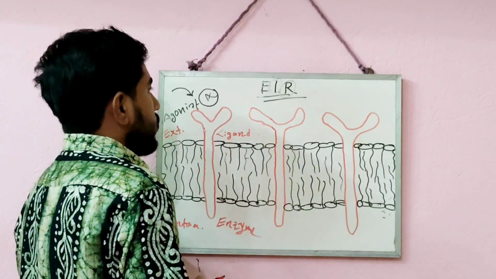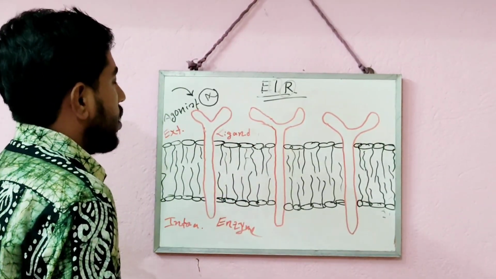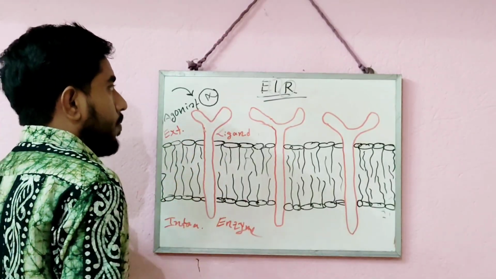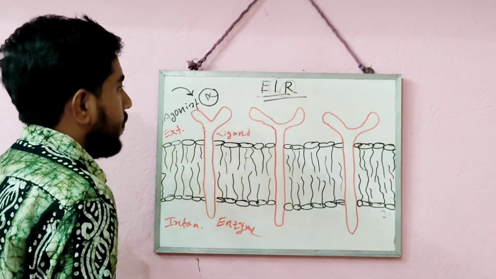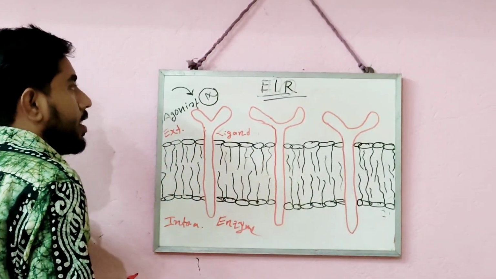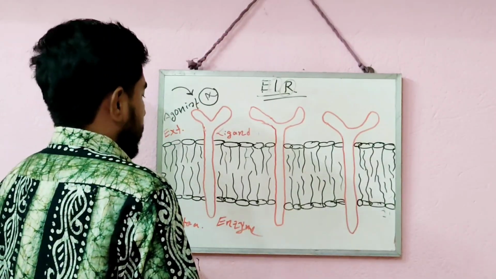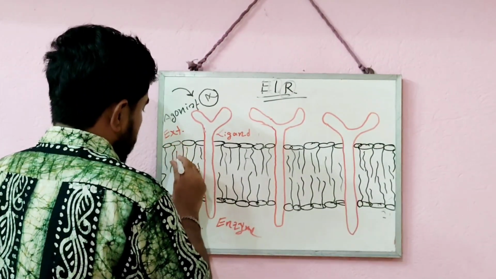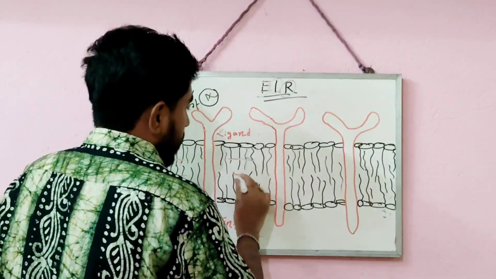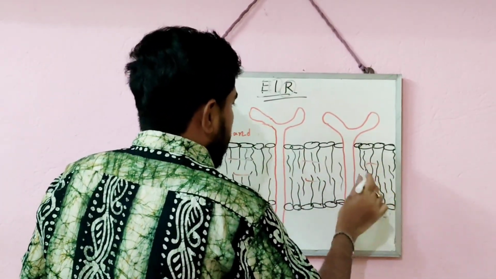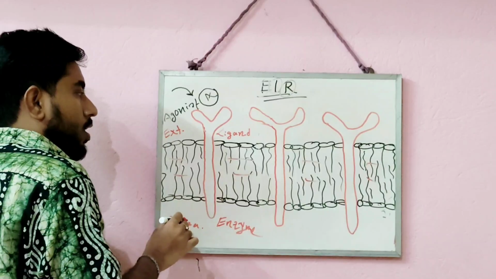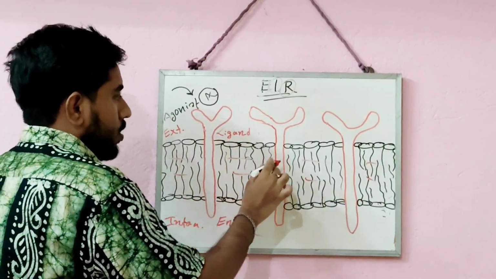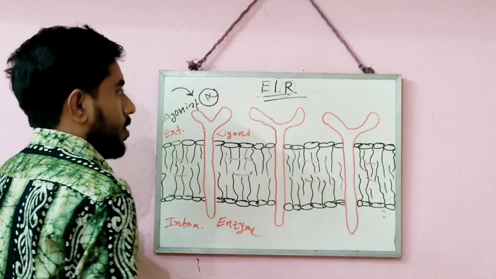So first we have to check what is the structure of ELR. Here I have drawn a simplified diagram of the enzyme linked receptor. Just see here, that is the membrane. That membrane is called transmembrane, and in that transmembrane the receptor is present.